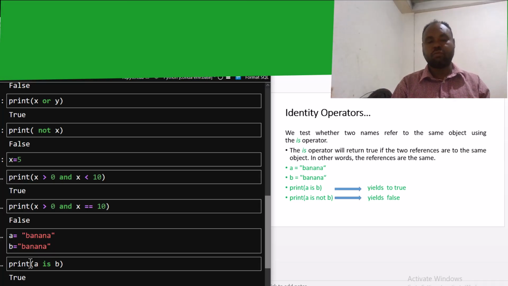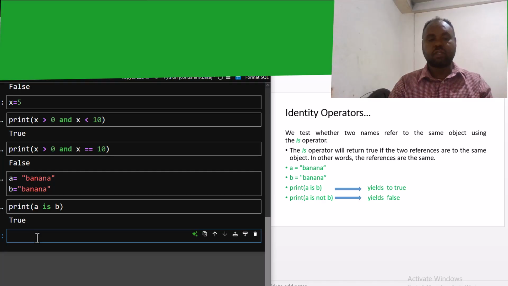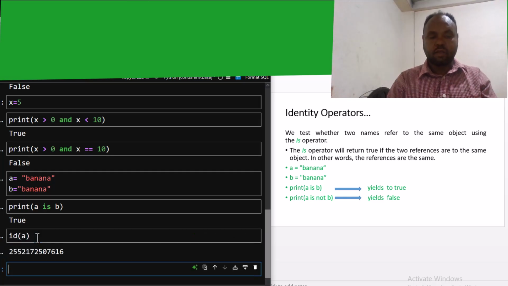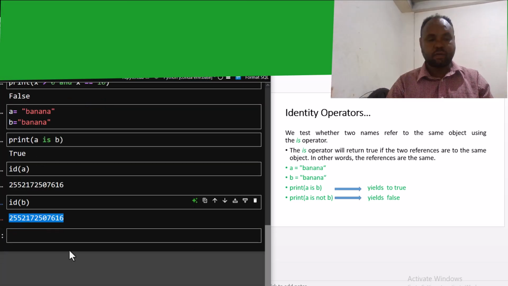True. This is checked or turned to true because the ID of A is this one, ID of B is also this one. This is the same, right? You can check.